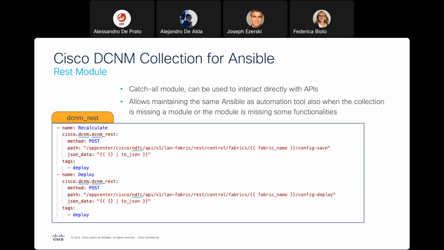Now, why is it very important? Let me tell you this story very briefly. You remember when I showed you all the modules in that slide, at least the most important ones, the ones that were marked as new are something that we released this past summer. One of them was very important, the DCNM fabric module. Before we had that option available, every time I wanted to create a new fabric, I had to use the DCNM REST module.